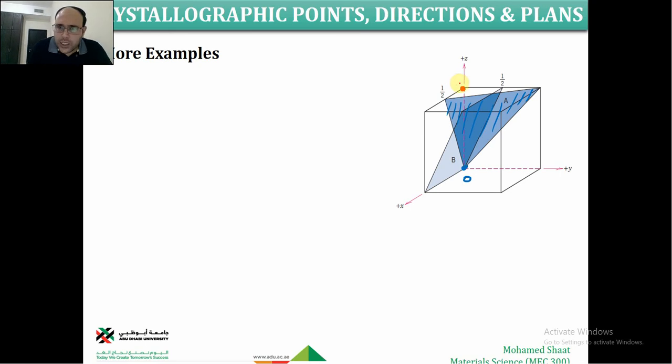Like in this example, the best way to move the 0 point is to move it to this corner. Why? It will be much easier to investigate the intercepts if you move to that corner. So to move the origin to this corner, it means that you should move the x-axis up and the y-axis will be moved up as well, right?